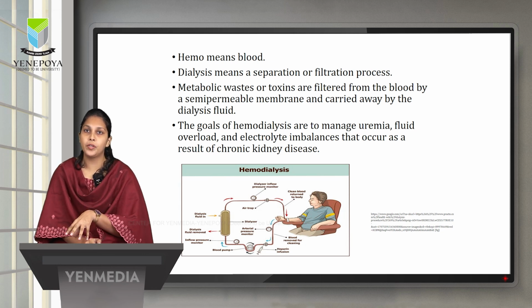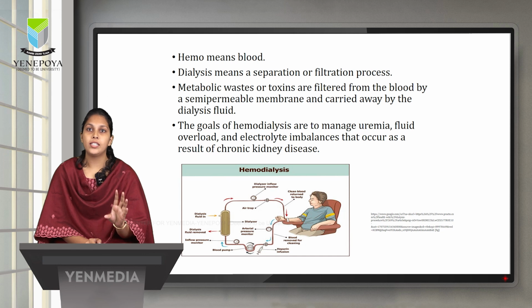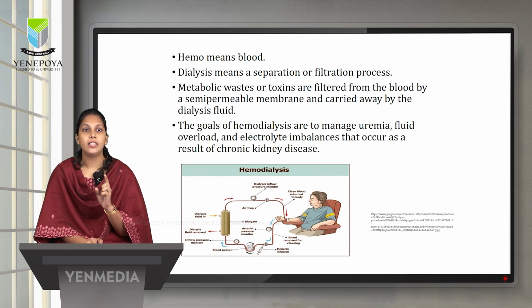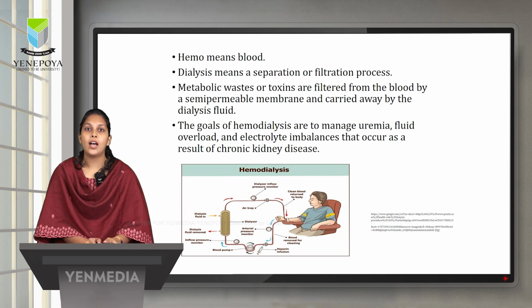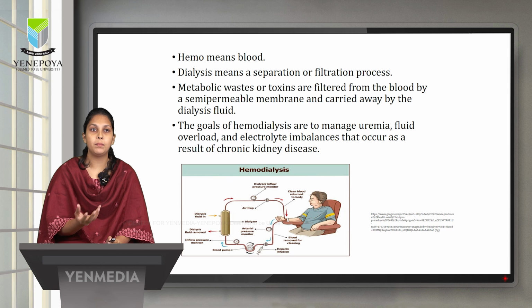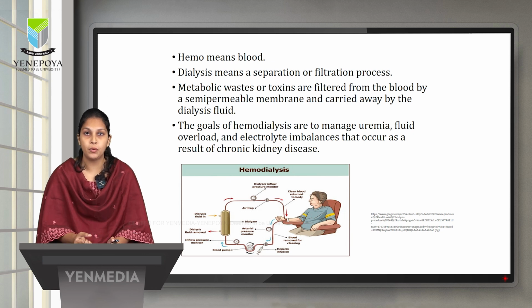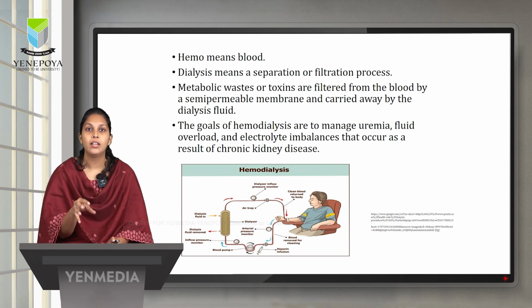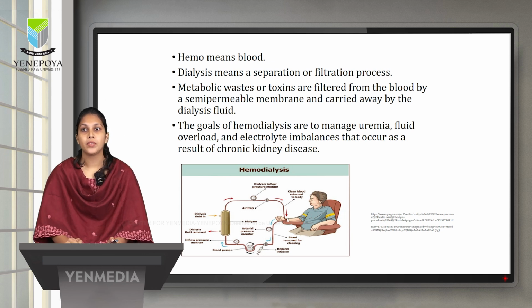In this extracorporeal circuit of hemodialysis, you can see in this figure, there is a dialyzer in the circuit. This dialyzer is also known as the artificial kidney. The blood taken out from the body is cleaned in the dialyzer and returned back to the body at the same time.